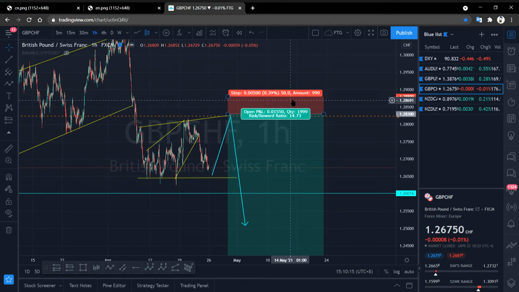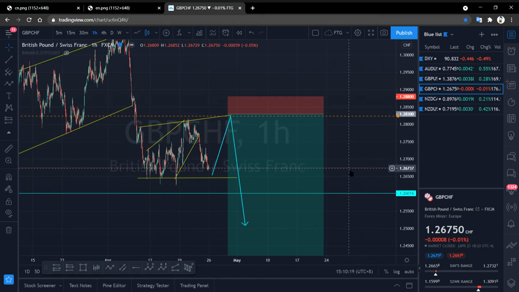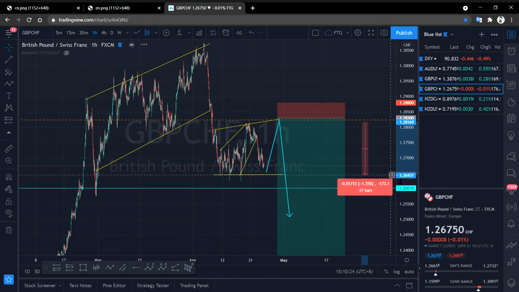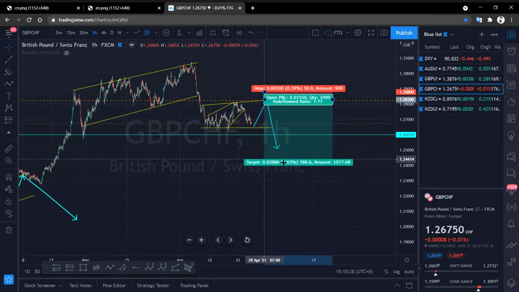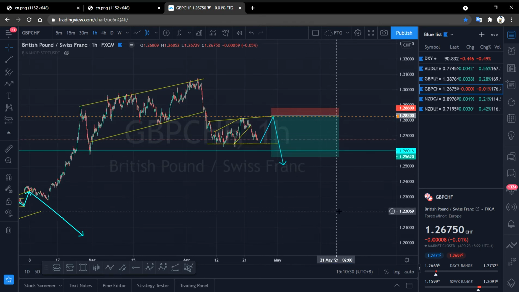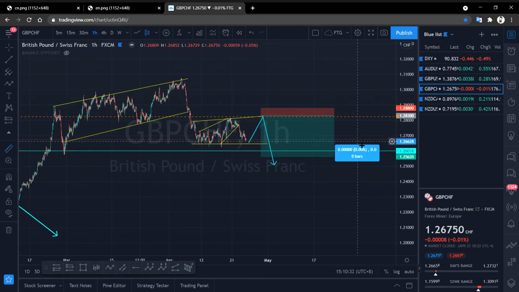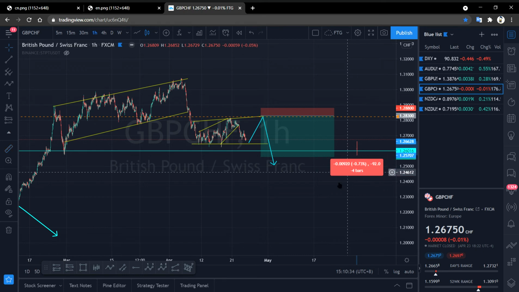We can TP partially at 1.2650, and then put our stop loss point at the entry price. For the rest, we can continue to hold the position until 1.2580.